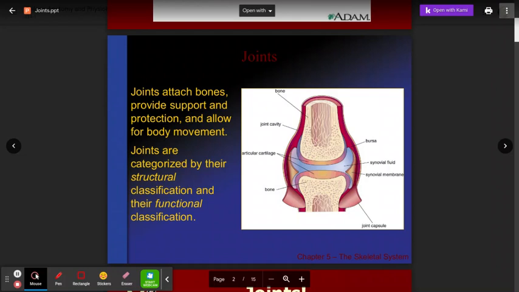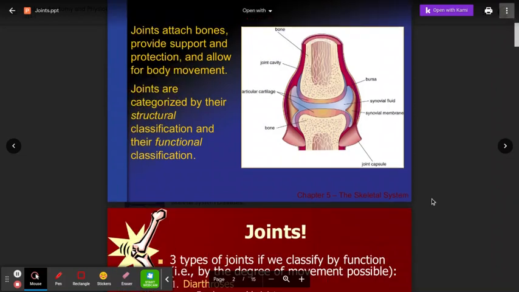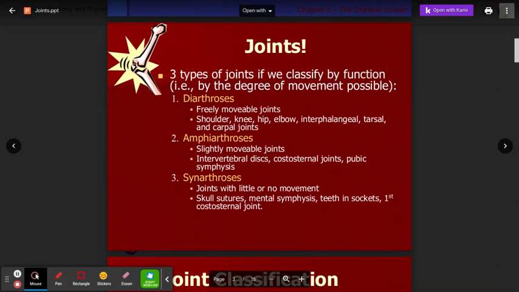Three types of joints if we classify by function. So keep in mind that we are on function. What does it do? So by the degree of movement possible. So diarthrosis, there's a lot of terms here you maybe have never seen before, but di means two. These are freely movable joints. So think about the logic. This is by function.